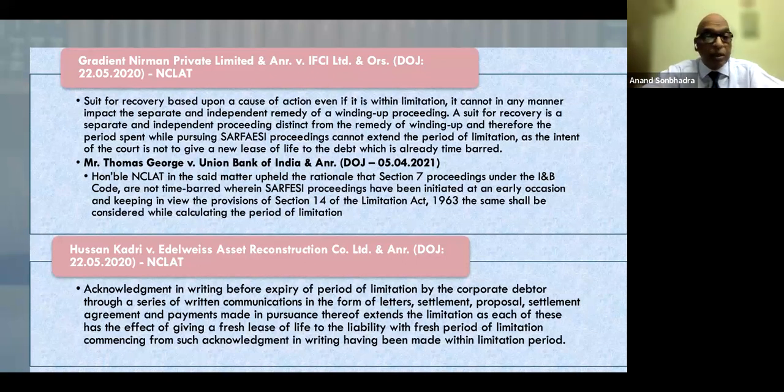I think this one is pretty clear: the earlier one, what we saw, that if an admission has been made, an acknowledgement is there, which is prior to the expiry of the limitation period, then from that day, the limitation period starts afresh.